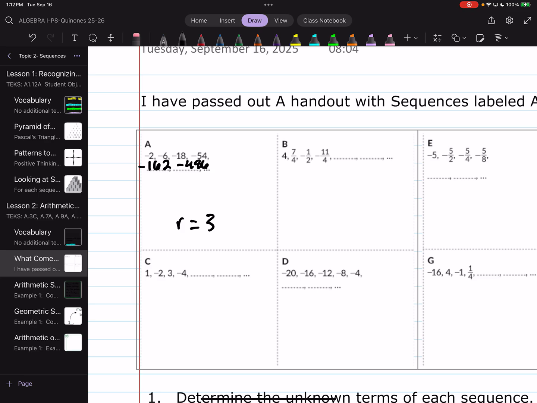Good. So although the value is decreasing, in order to go from the first term to the second term, I have to multiply by 3. In that particular instance, don't worry about the negative number and the value specifically. Okay? All right, keep going.